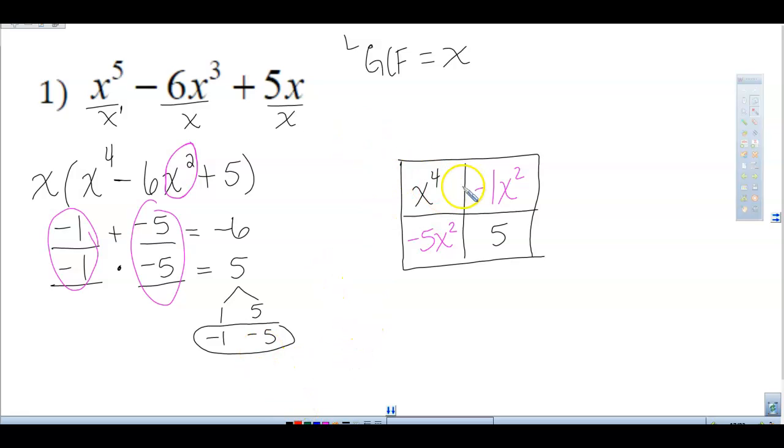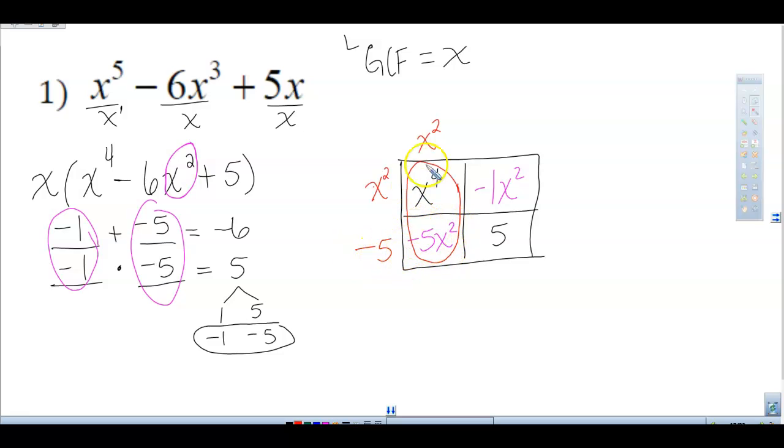And then once you have your box, remember we look for the first column was the GCF there. X squared. Which means to multiply x squared times what gives me x to the fourth? That's going to be an x squared. For the pink one down here, I want the x squared to match this negative 5x squared. So what can I multiply to make it match?